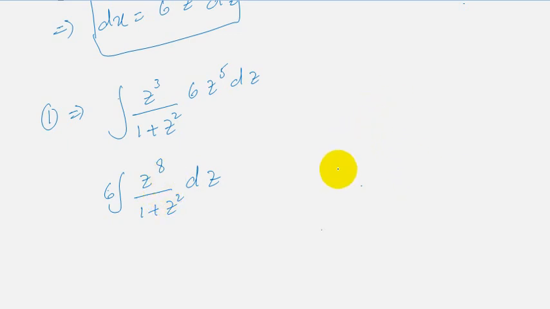So we use long division method to evaluate this integral. By long division method, we divide z^8 by z^2 plus 1. So z^6 into z^2 plus 1 is z^8 plus z^6.